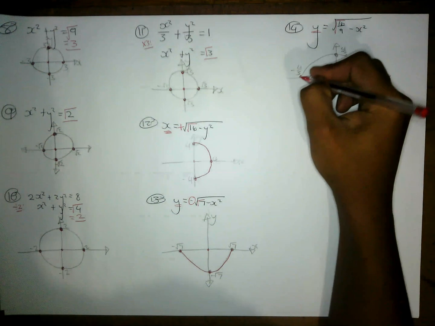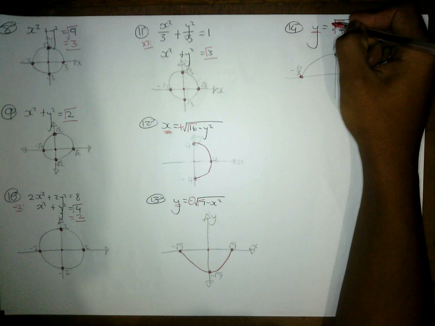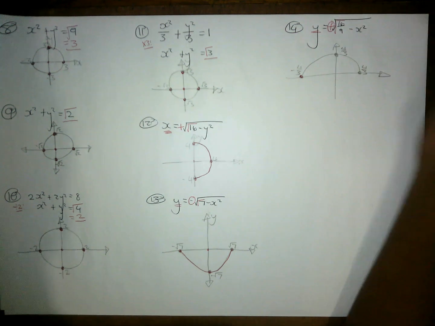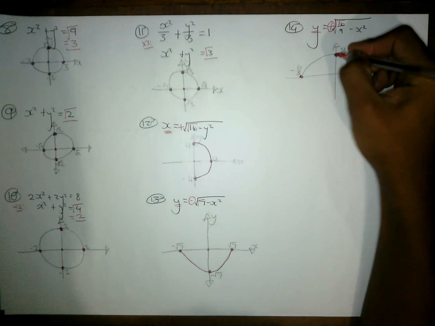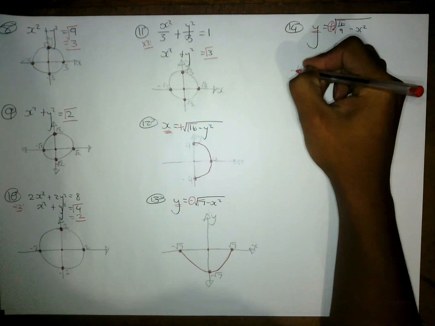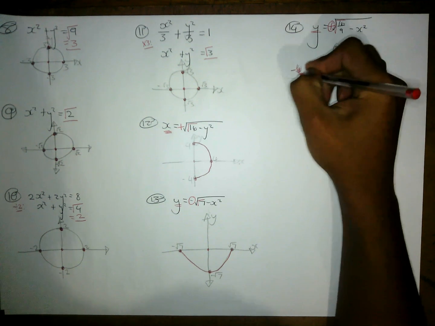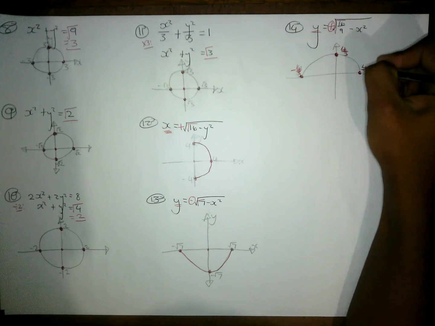So we plot our 4 over 3, and it's gonna be on the positive side of our y-axis, so it's gonna be on top. So we plot our negative 4 over 3 and our positive 4 over 3.